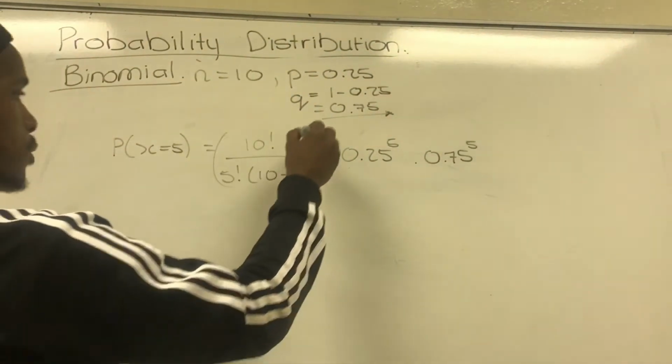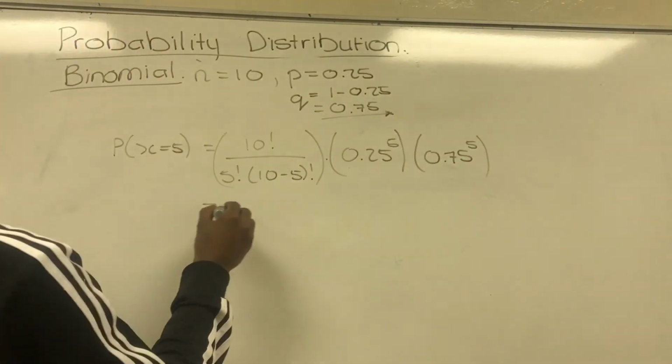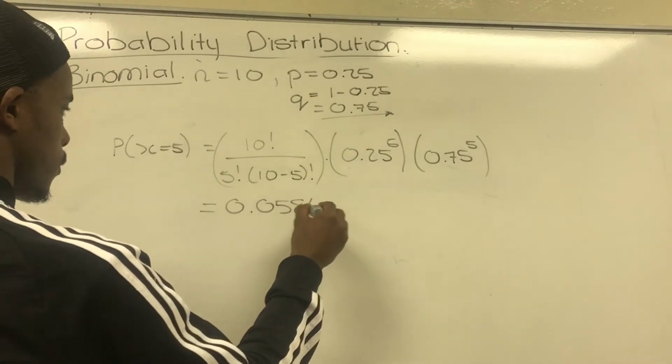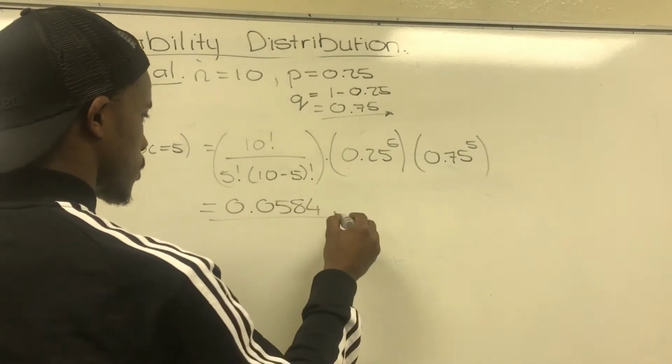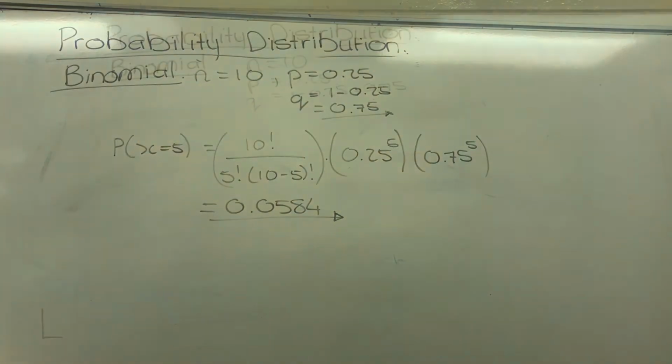You can put all these in brackets to avoid any errors on your calculator, and this should give you 0.0584. So this is the simplest form of this question that you'll always find, and as we proceed, we'll see that the questions get trickier.